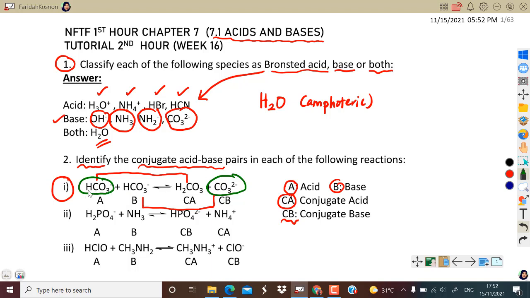Jadi apa yang berlaku pada HCO3 minus? Actually HCO3 minus already donated its proton to other substance. So HCO3 minus is the acid, while carbonate ion is the conjugate base.